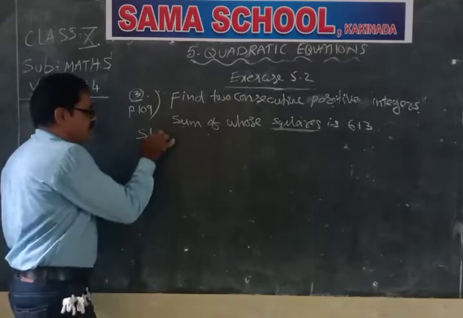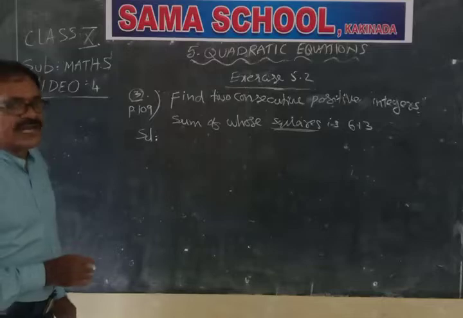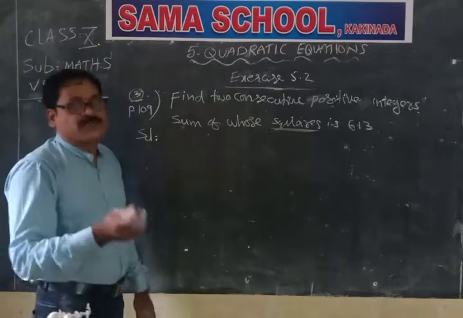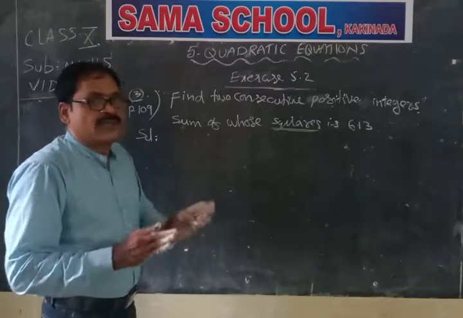Solution. Consecutive integers means let us take x, x plus 1. Consecutive means line numbers.